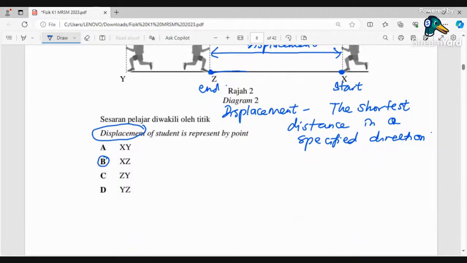Or the shortest distance between initial and final point. Dari mula sampai akhir tu apa dia punya distance.